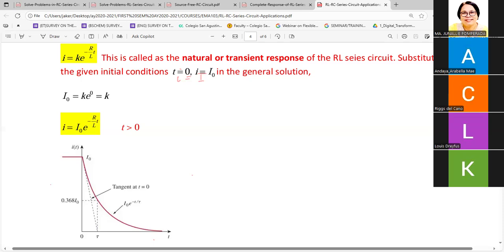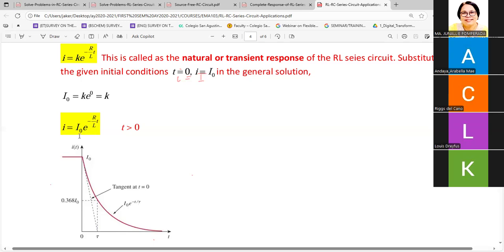The tau time. So what is the tau time? Before I go to what this tau time is, in which your current is 36.8% of the initial, this exponential decrease in the graph is made by substituting values of time here. So nakita nyo the I sub O e raised to negative t over tau in the equation.